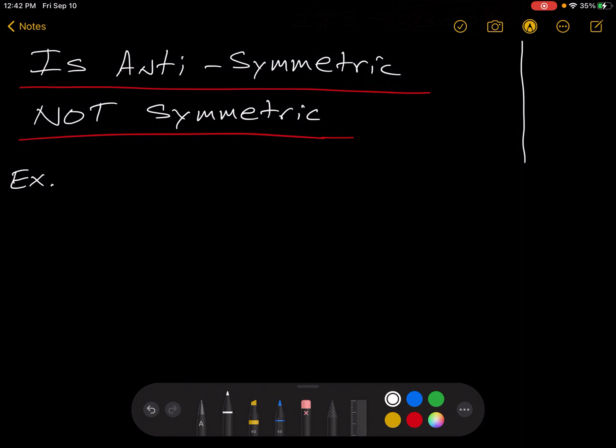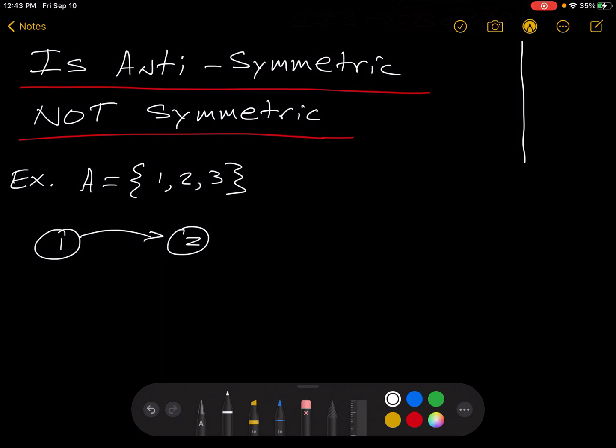All right, in this one, let's say we'll use the same set A, 1, 2, 3, and this graph, or the relation defined by this graph. Now, this is not symmetric, right? Because to be symmetric, we would have to also have that. So it's not symmetric.